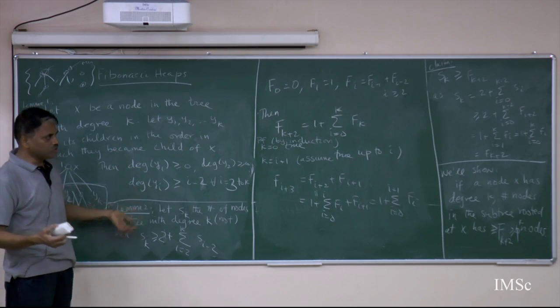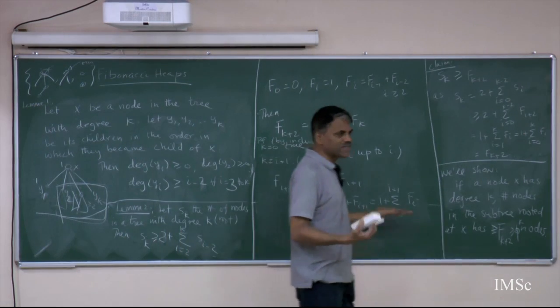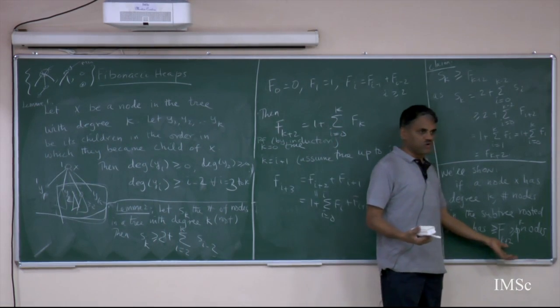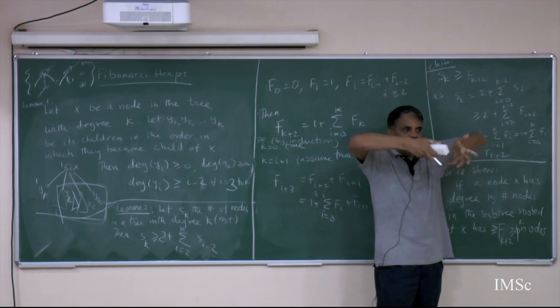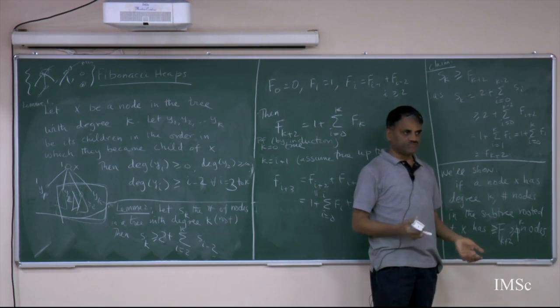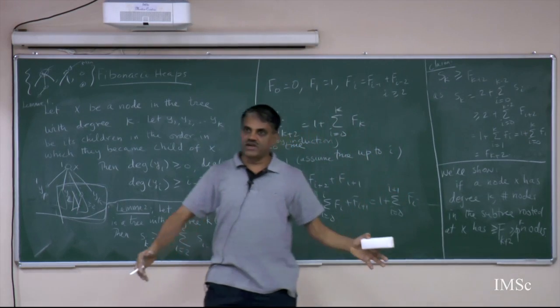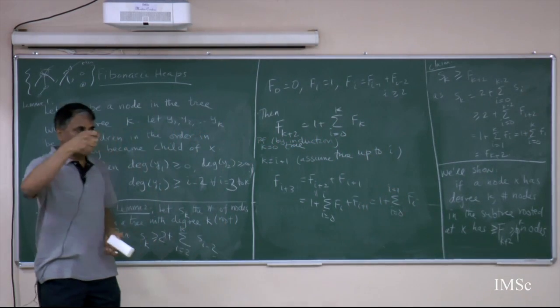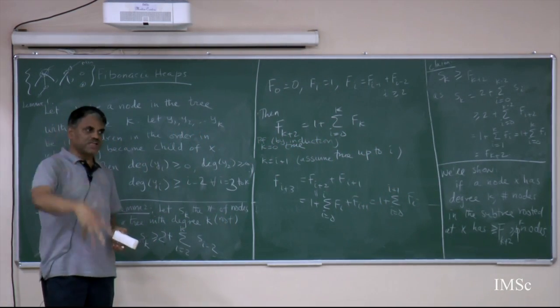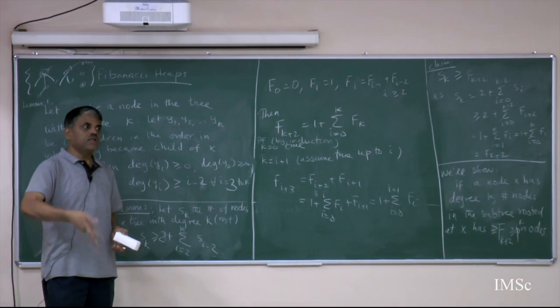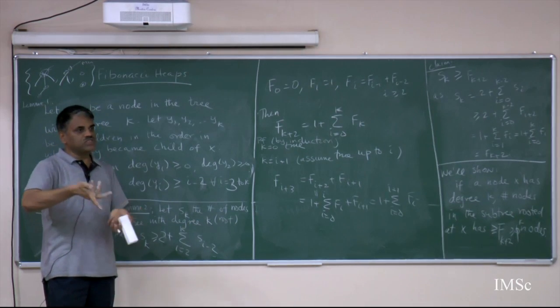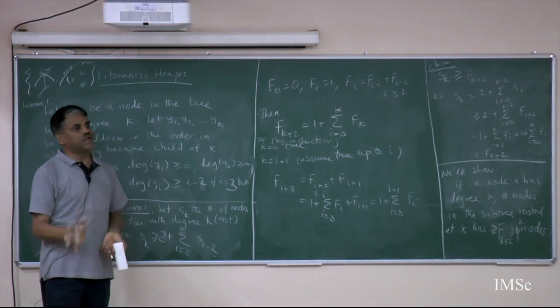And I want to show that that number is some exponential in k. That's all I want to show. That will show that the degree would be logarithmic in n. That is, the number of nodes in the tree, if the degree is k, would be exponential in the degree. Then, if there are n nodes, the degree would be logarithmic in n.